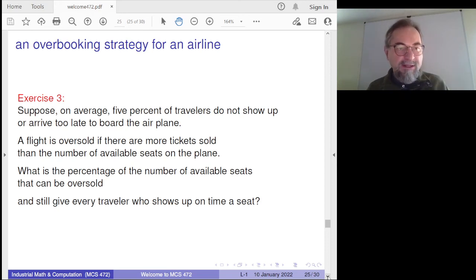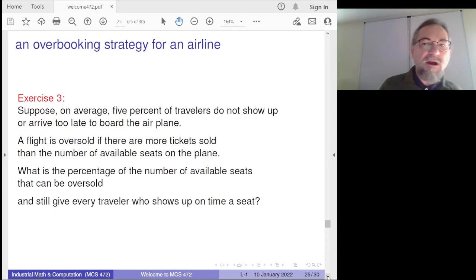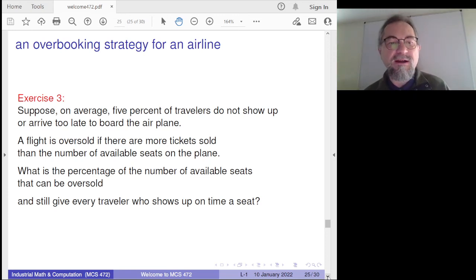Knowing that as a planner, how many more tickets than the available seats can you sell, and still give everybody who shows up a seat? You could work with a simulation. But the suggestion is that you adjust the numbers for the staffing problem. Translating here, the probability that somebody does not show up is 5%. You have to translate that information.